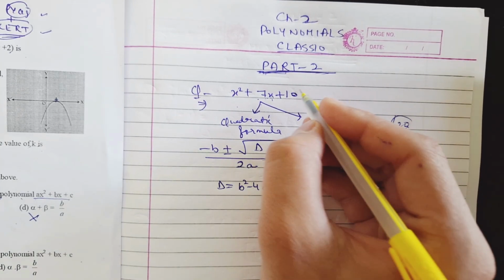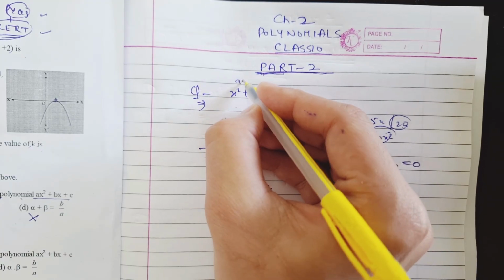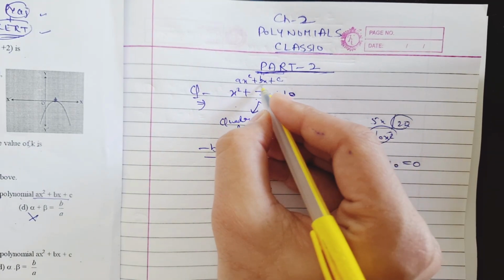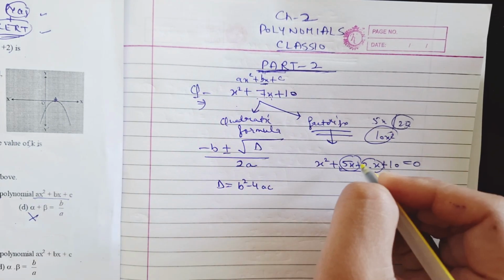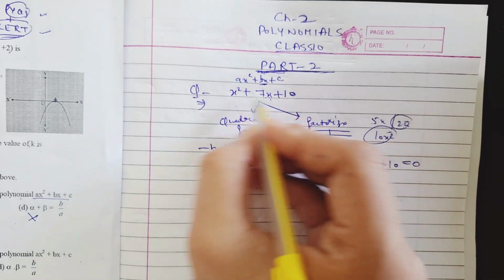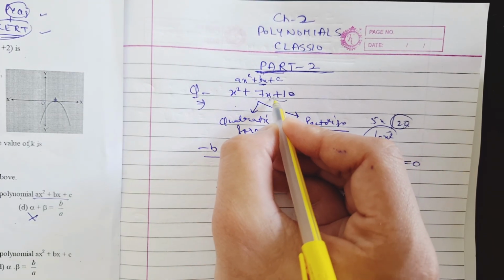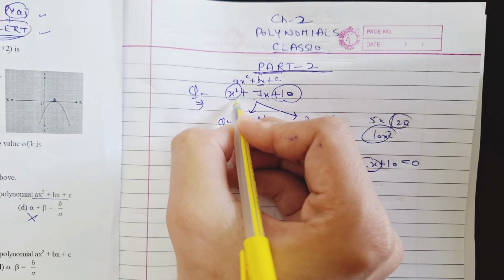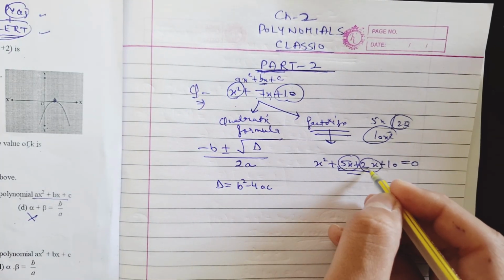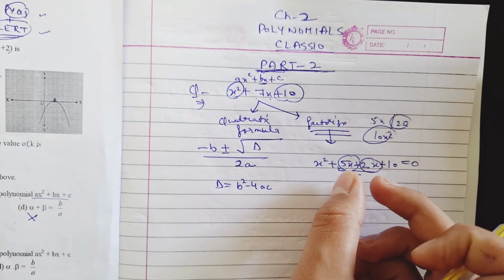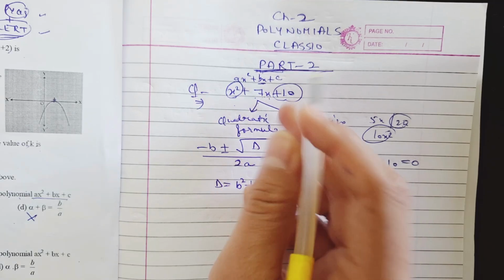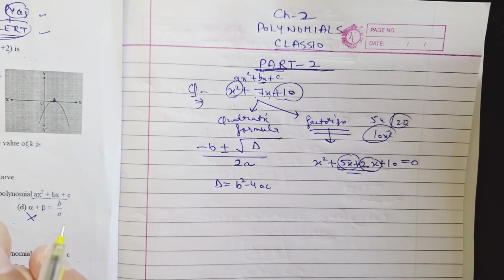In the general form ax square plus bx plus c, the product of 10 (which is c) and x square is 10x square, and 5x into 2x is also 10x square. And the sum 5x plus 2x becomes 7x. This is the factorization fact.